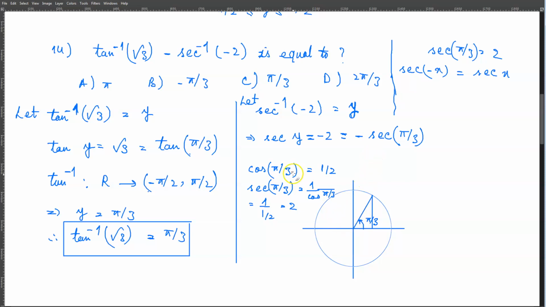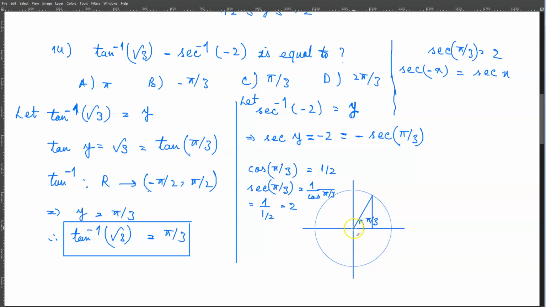And that angle has to be also in the range of the secant inverse function, right? The range of the secant inverse function goes from 0 to pi, excluding pi by 2. At pi by 2, secant is not defined, of course.